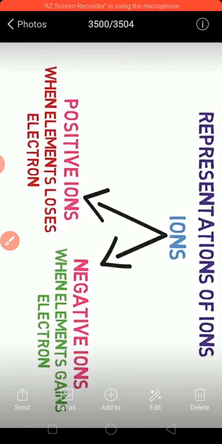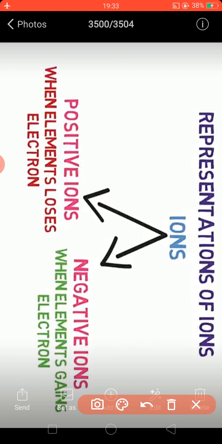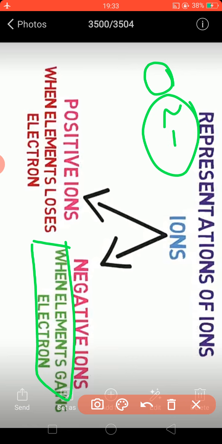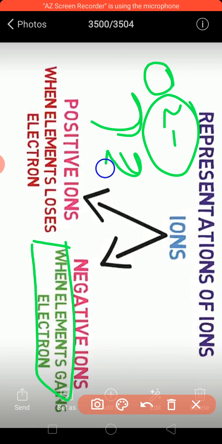In contrast, negative ions form when an element gains electrons. For example, O2 negative means it has gained two electrons.